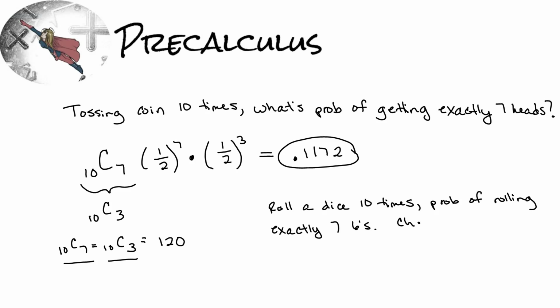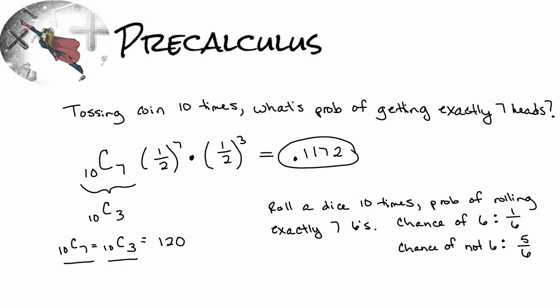Well, the chance of rolling a 6 would be 1/6, and the chance of not getting a 6 is the other 5 numbers. So that would be 5/6.